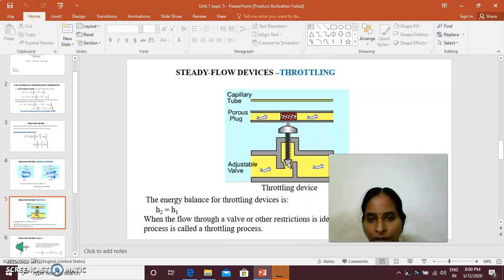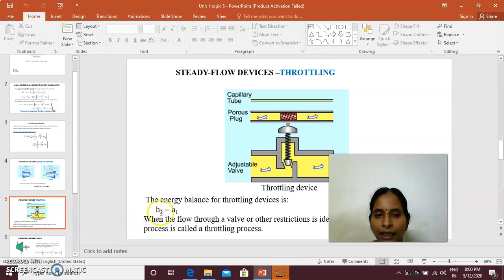The importance of the throttling device is to keep its energy balance constant. The energy balance for a throttling device is H2 equals H1.